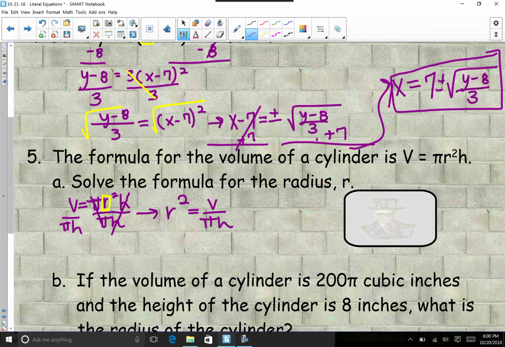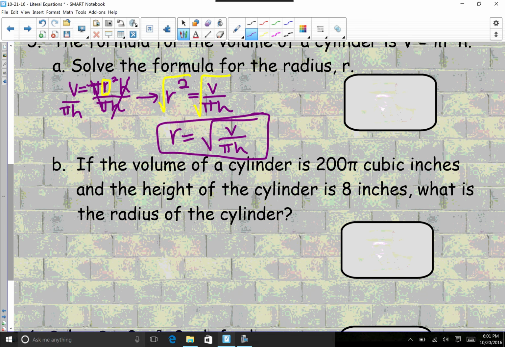We're almost there. We then take the square root, and I get r equals the square root of v divided by pi times h. I'm not taking plus or minus because we're talking radius. That is a context problem, and I know my radius is not going to be negative.